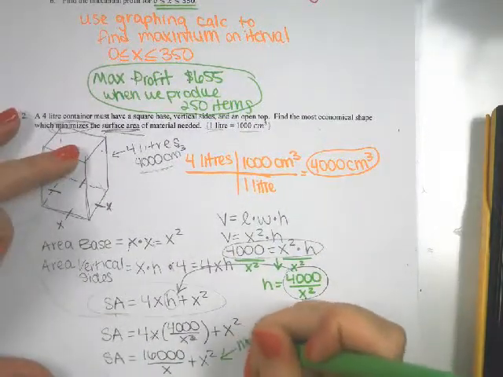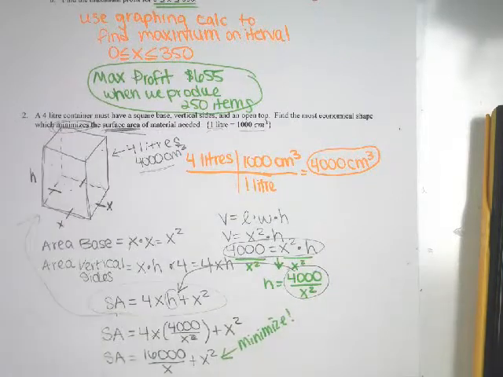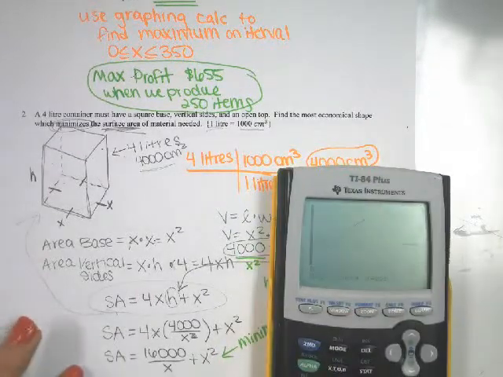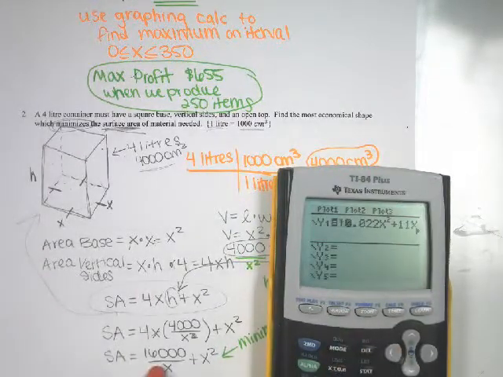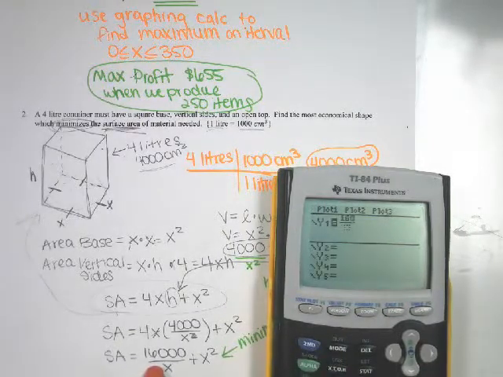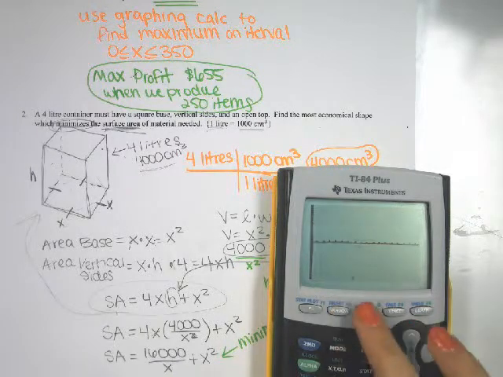This is what we want to minimize. So let's graph it. We want to find the minimum value for that function. I'll do y equals 16,000 over x plus x squared. I'm probably going to change my window a little because I have it all changed from my last problem.